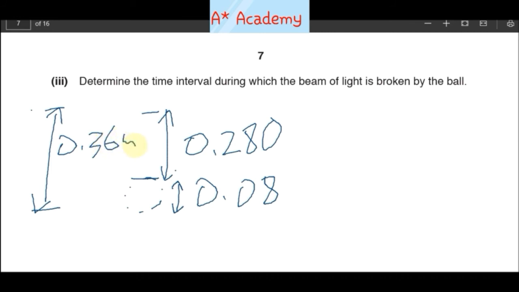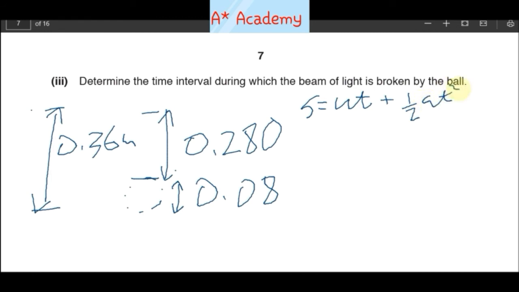Again, we make use of the equation of motion, s equals ut plus half at squared.